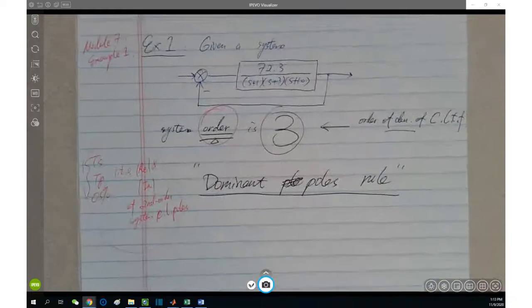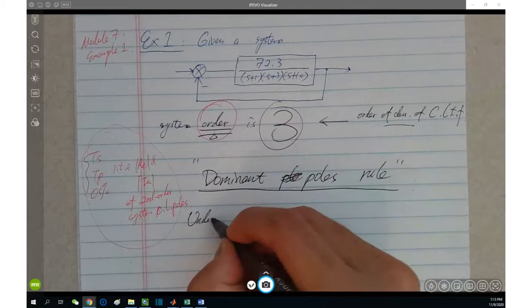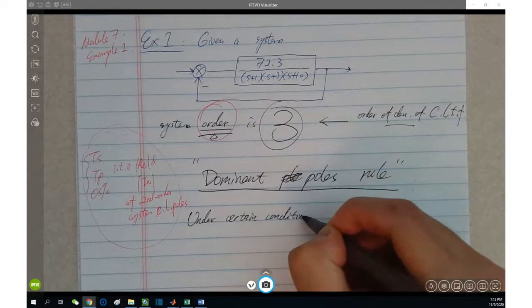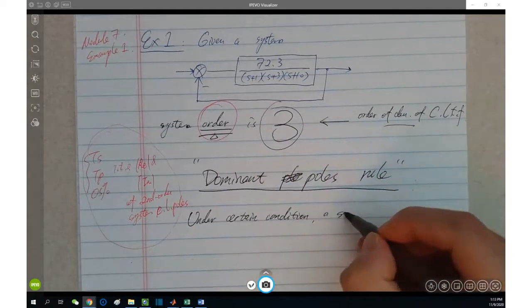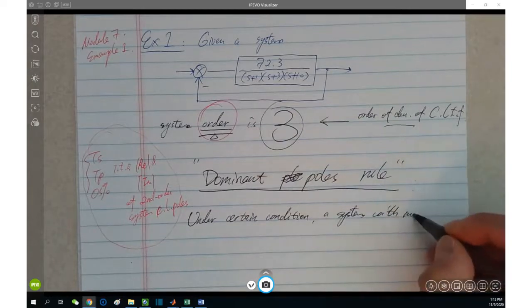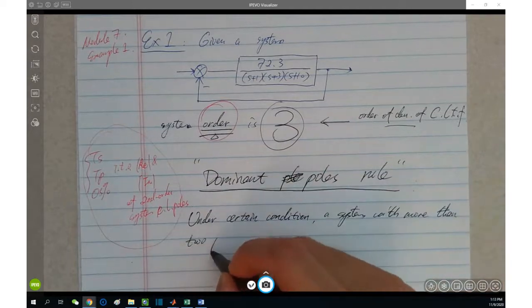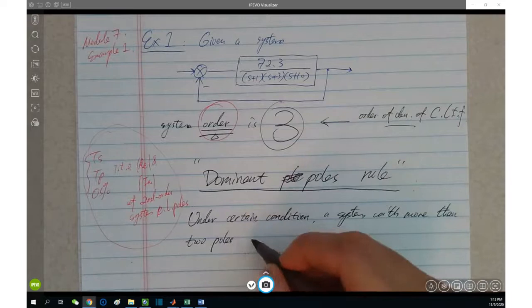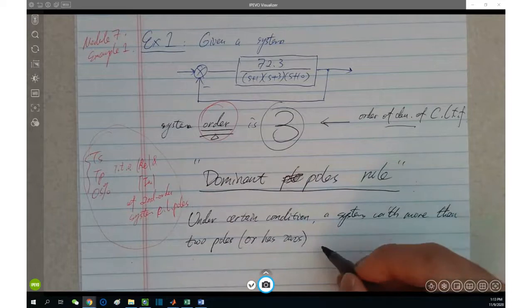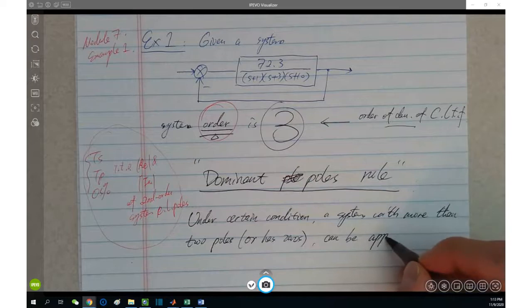What is this talking about? What it's talking about is, under certain condition, a system with more than 2 poles or 0 can be approximated.